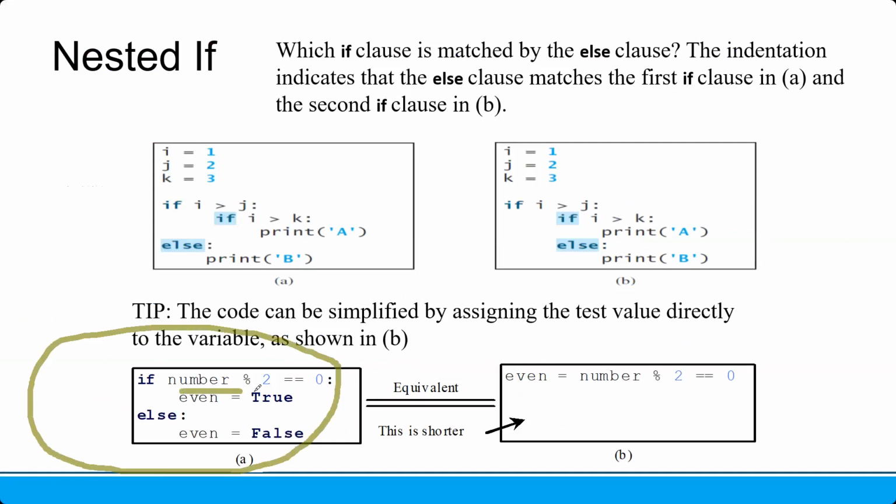This one will check whether any input, which is number, divided by 2 and the remainder is 0. If the remainder is 0, it means the number can be divided by 2. So if it is true, then it is even. If it is not true, then even is false.